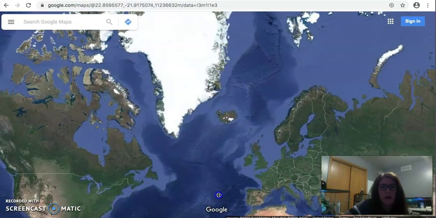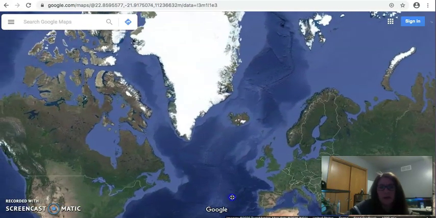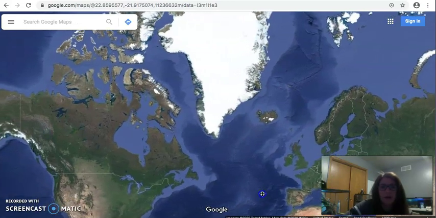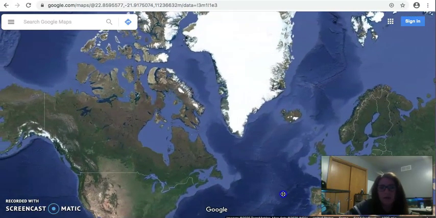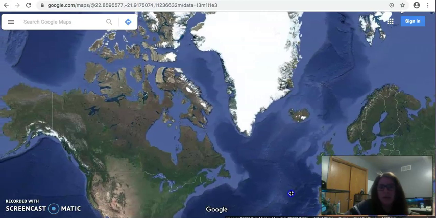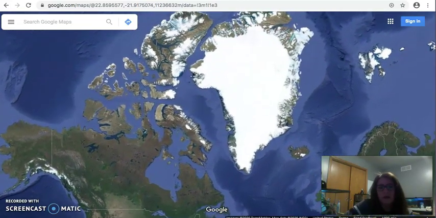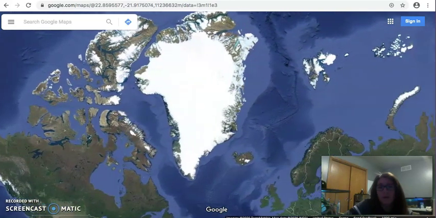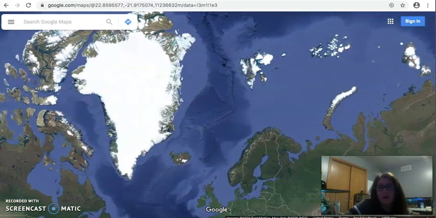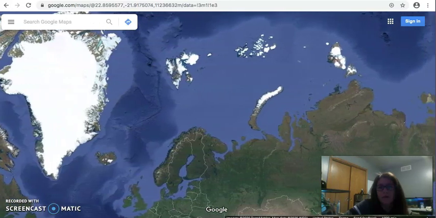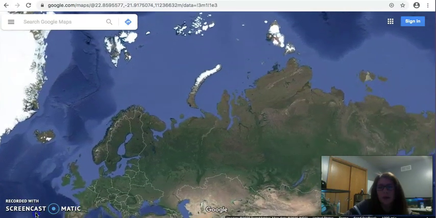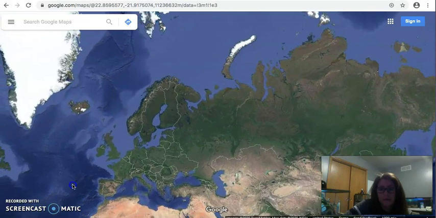It is hard to see a lot of these things if I zoom out too much, so I wanted to just get us focused on a couple different areas so that you could get some observations down. But as you can see, there are a lot of different observations that can be made as we scroll around.